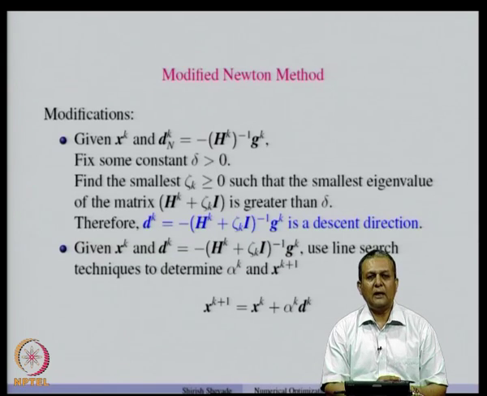So, once we ensure that and choose this direction as our new direction for search, then we certainly get a descent direction. Now, after having obtained a descent direction, the next step is to get alpha k using line search and update xk to get xk plus 1.